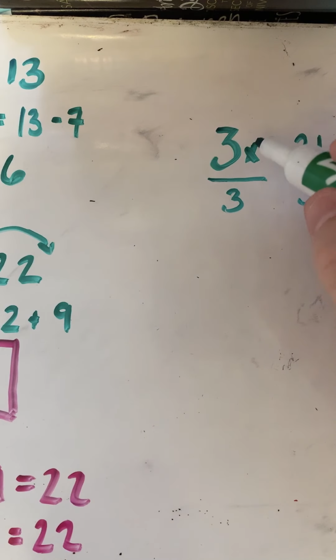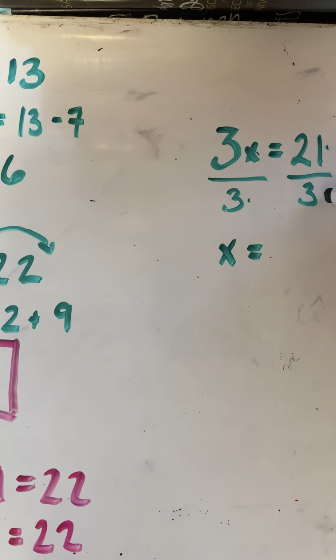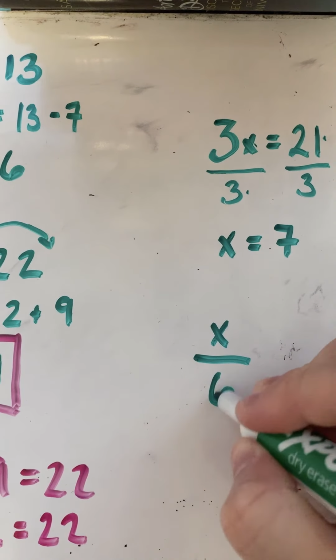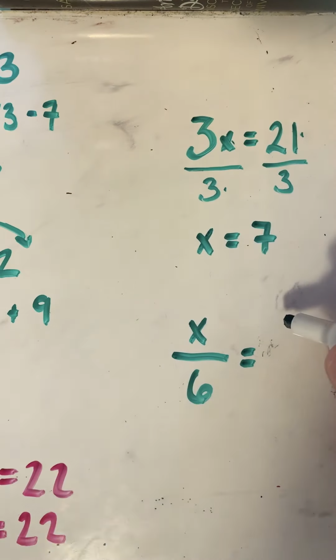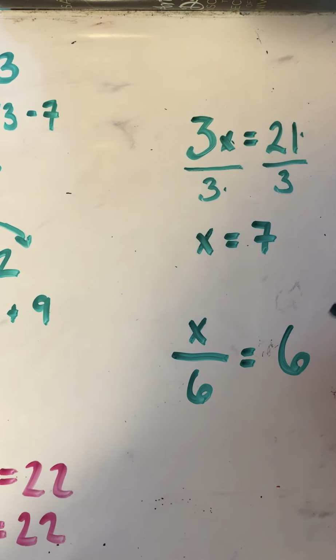So 3x divided by 3 will give us x, and 21 divided by 3 will give us 7. And while we're at it, why don't we do x over 6 equals, let's pick a number, x over 6 equals 6.